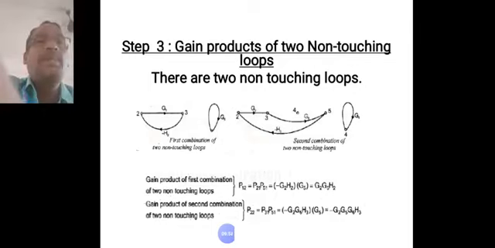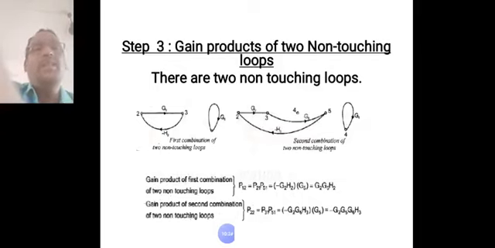These 2 loops are not touching each other. So its gain will be represented as P12, the product of the gain of the two individual loops. So that gives G2, G5 and H2.